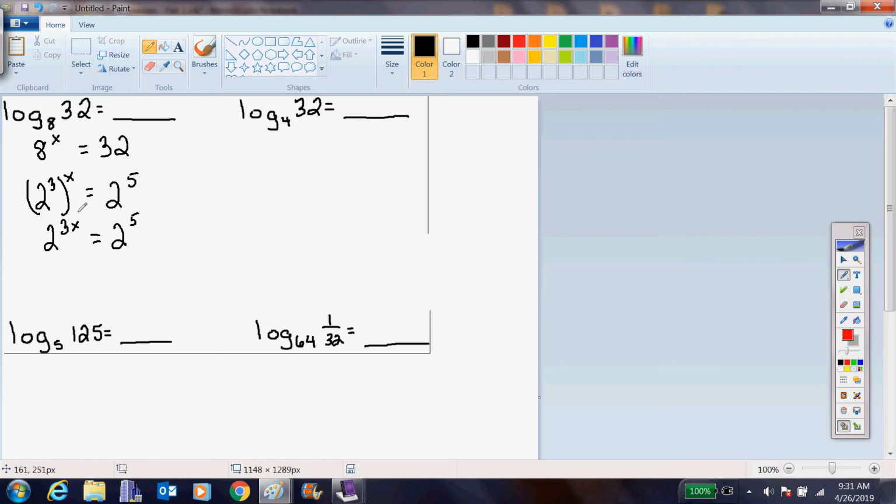The bases are equal, and then that tells us that 3x equals how much? 5. So 3x equals 5, because we have the same bases. They have to give us the same answer. So that means x equals how much? 5/3. So the answer to this question is that the log base 8 of 32 is 5/3. And so we have a fraction to go along with this to make this whole thing work out.